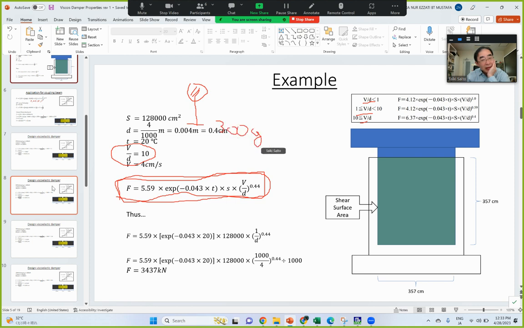This is a large earthquake, and the response is 750 gal, for example. The building natural period is, suppose, 1 second. So this is the acceleration of the building.